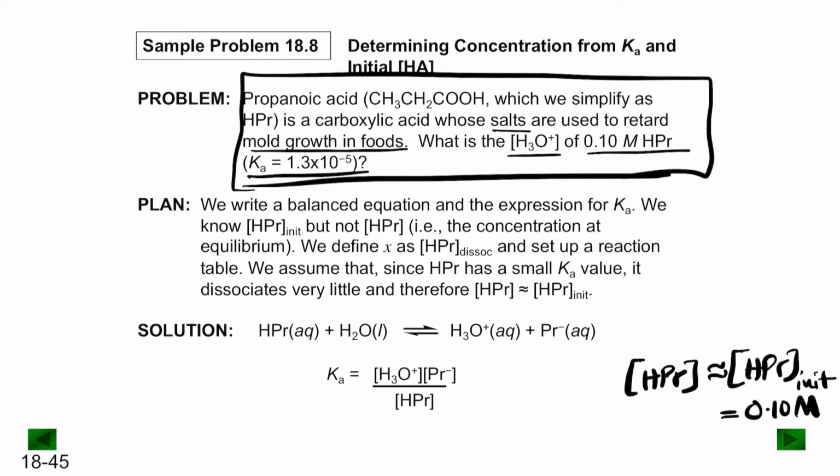And they have given us Ka, which is 1.3 times 10 to the power negative 5. So how would you do that? The formula here is HPR plus H2O gives you PR minus plus H3O plus.